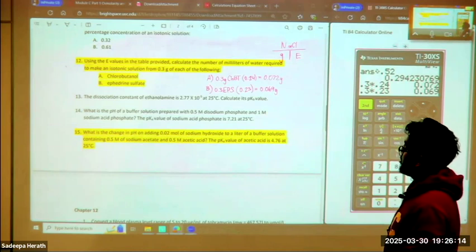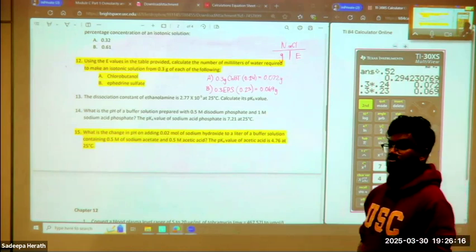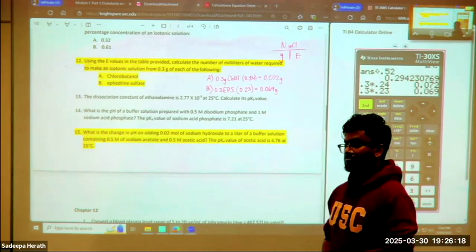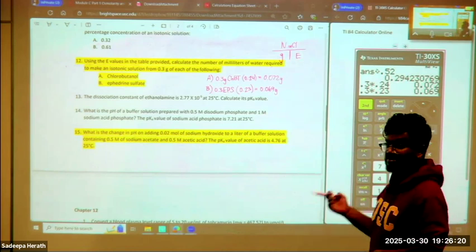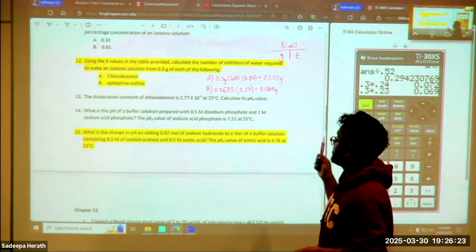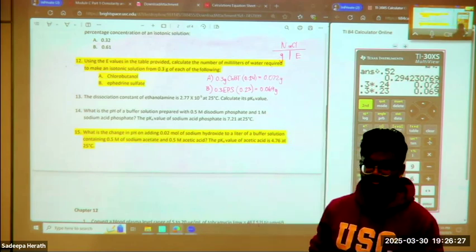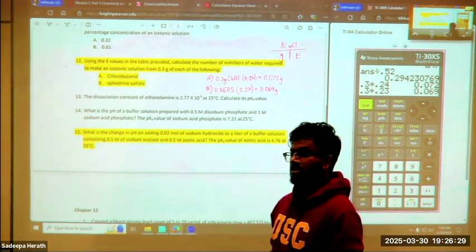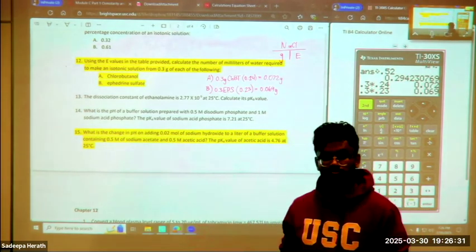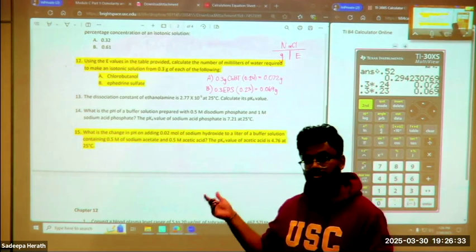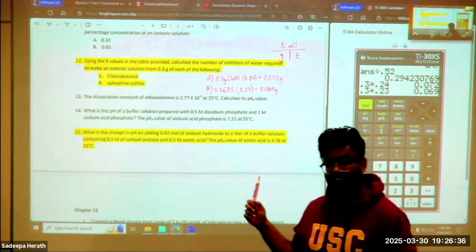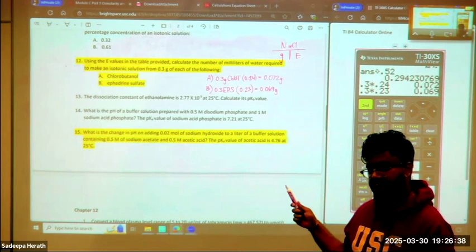Now they want the number of milliliters of water to make it an isotonic solution. So we have these equivalents, and then we think like, what's one way that we could find the amount of water used in an isotonic setting, right? We have our equivalents now as NaCl.